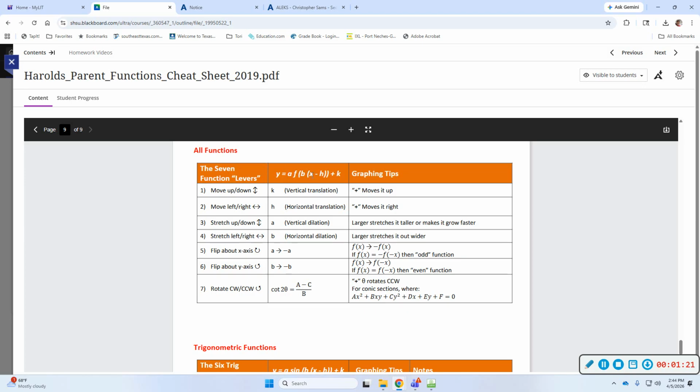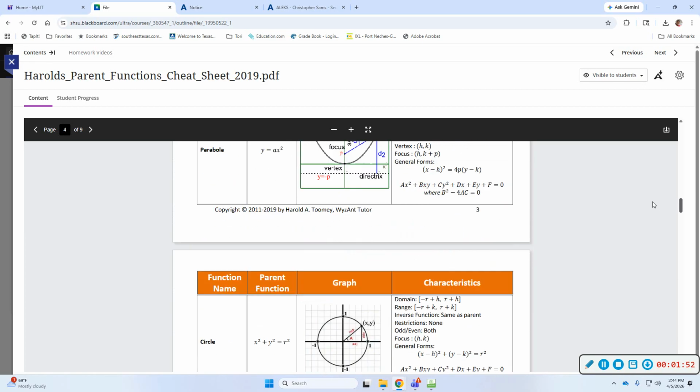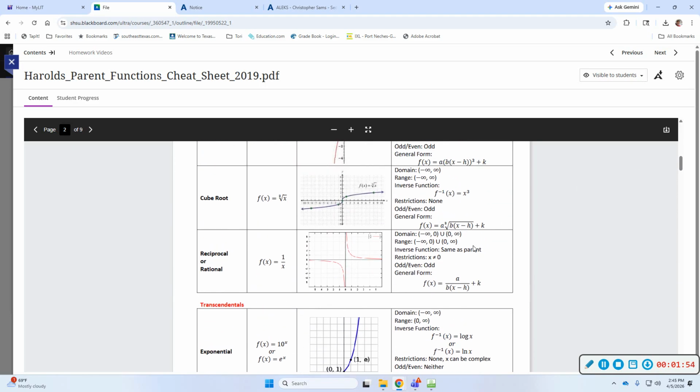So each function is similar to this, but it's telling you the K is going to move it up if it's positive, down if negative, and the horizontal shift H is going to move it left if it's negative, and if positive it moves it right. Now that's if you're plugging in the positive, but remember when you plug in the positive, the function has a minus H. So I'm going to plug in these values and then you're going to see what it looks like. But again, I needed you to see what the transformation was, but this is the general form.